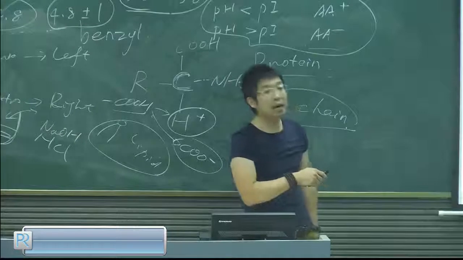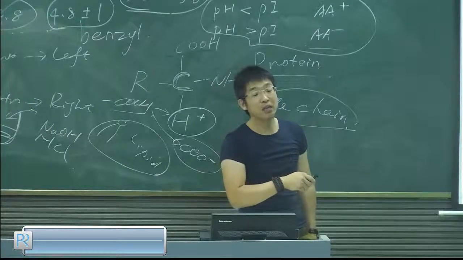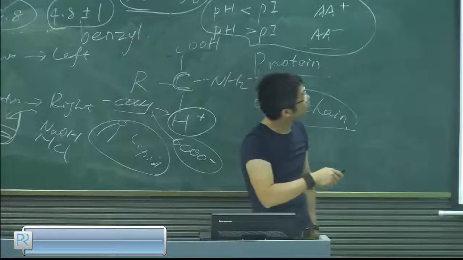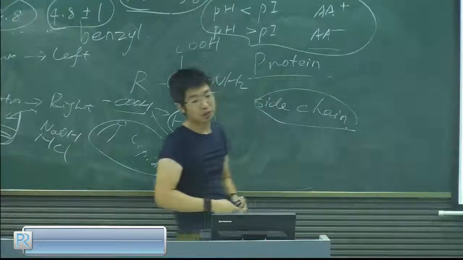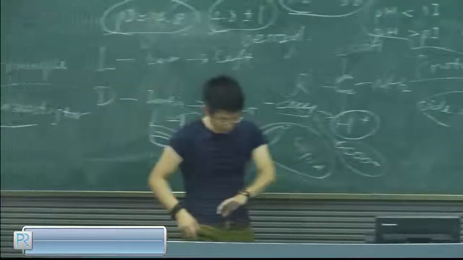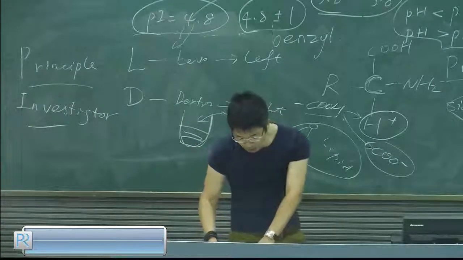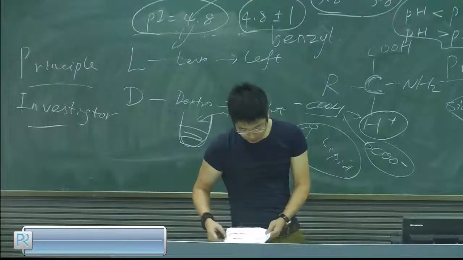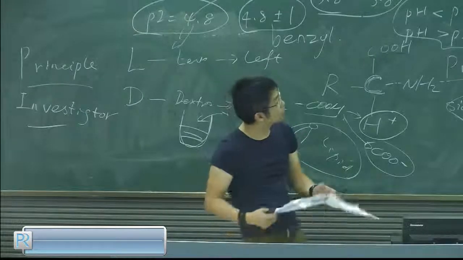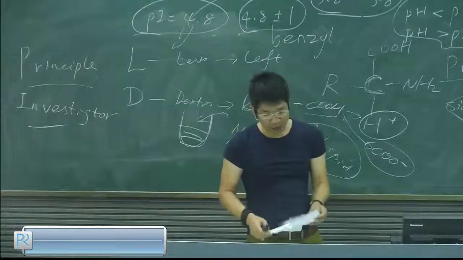So the pI, the isoelectric value, is just between 1 and 9. So here are the pK values of molecules for the amino acids.